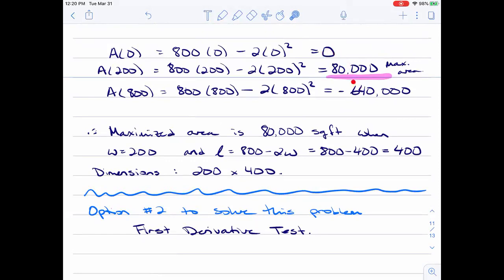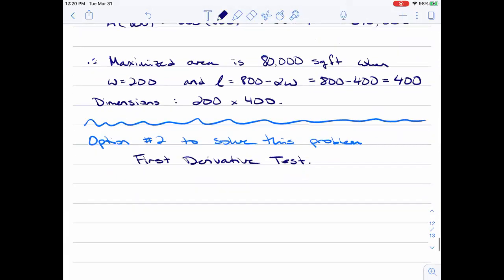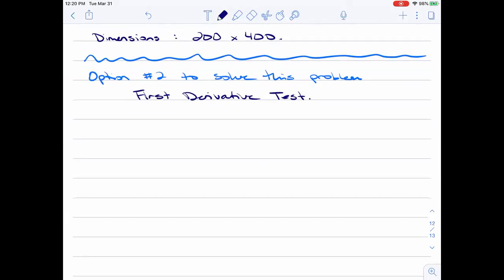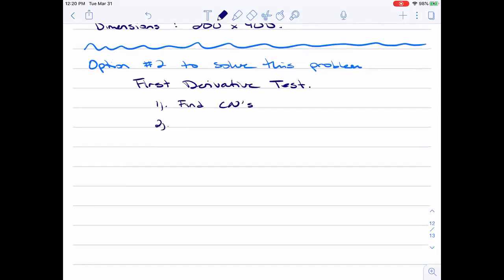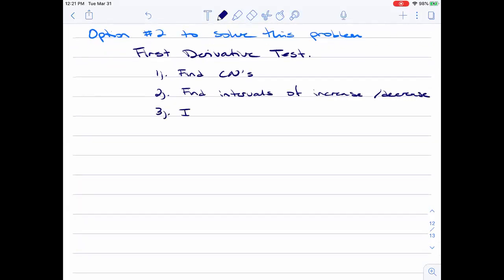If we have a closed interval, then that's a good go-to. The first derivative test is when we find the critical numbers, find the intervals of increase and decrease, and then identify maximum and minimum values.